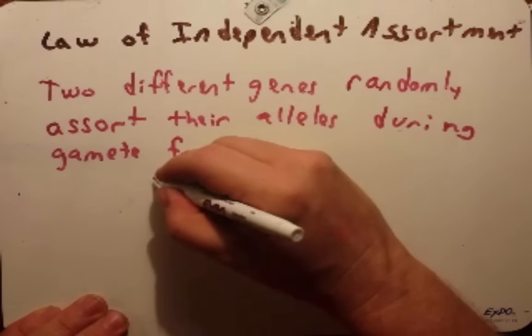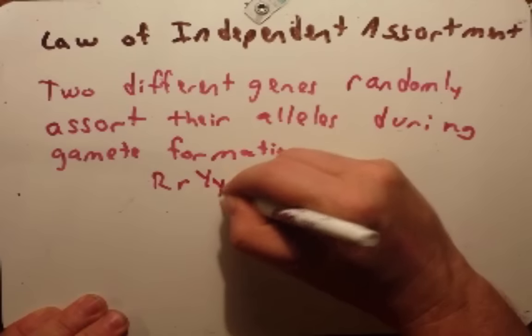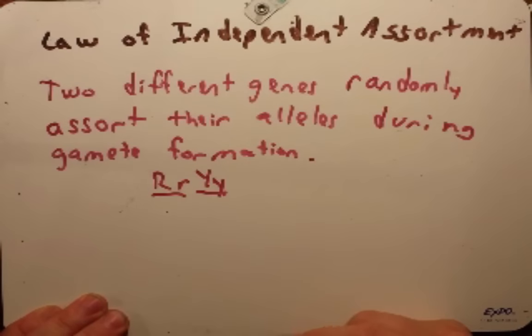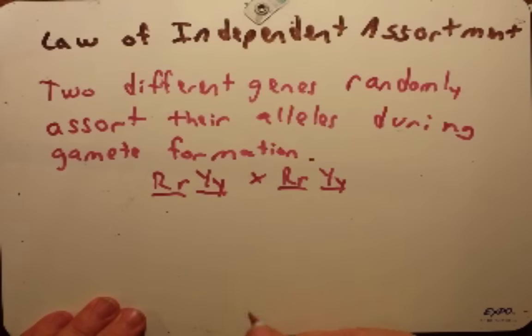So if you remember when we took our genes, big R, little r, and the other one, big Y, little y, so two different genes, different allele pairs, and we crossed it to itself, this law complements Mendel's principle of segregation.